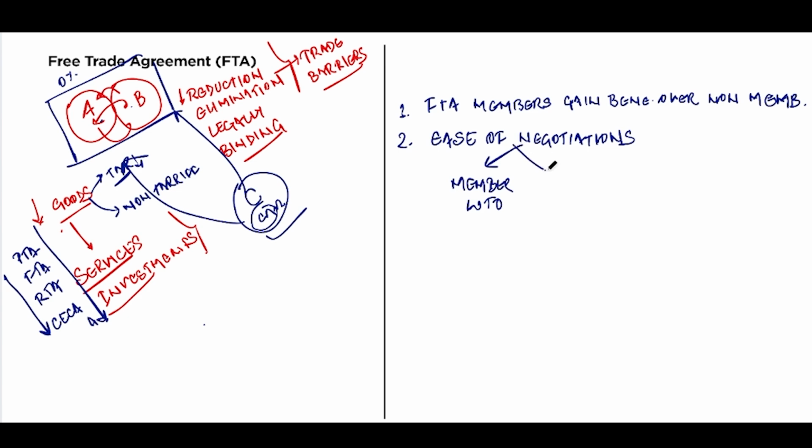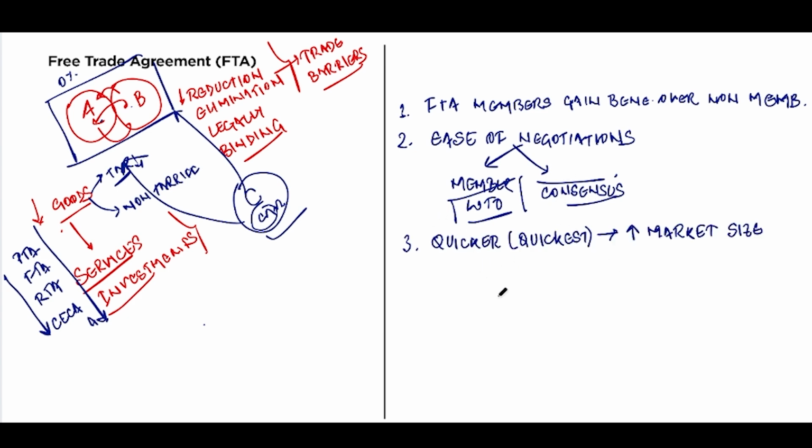And you know that any kind of decision making in WTO can only happen on the basis of consensus, which means unless and until all the member countries of WTO agree to a decision, it will not become effective, which has throttled or prevented WTO from taking any kind of major decision. Now, when 2, 3, 4 countries enter into a free trade agreement, they have this freedom, this flexibility, where they can arrive at decisions.